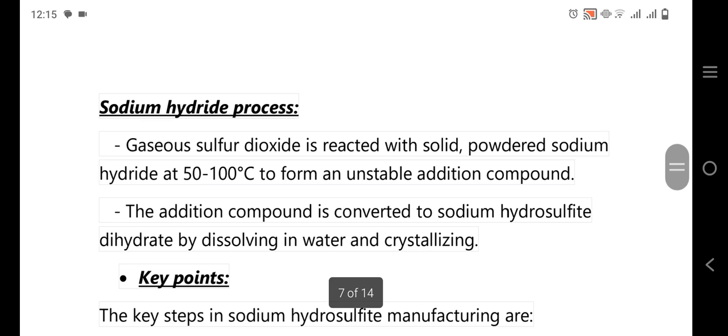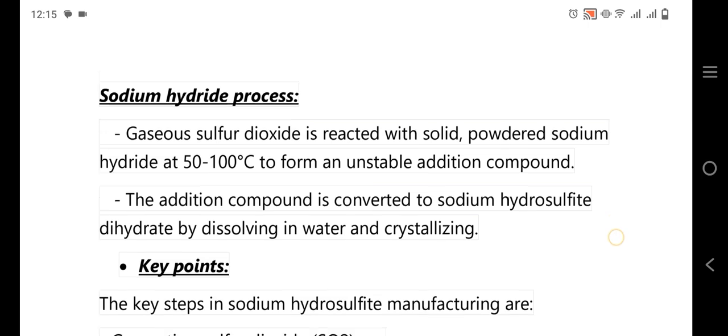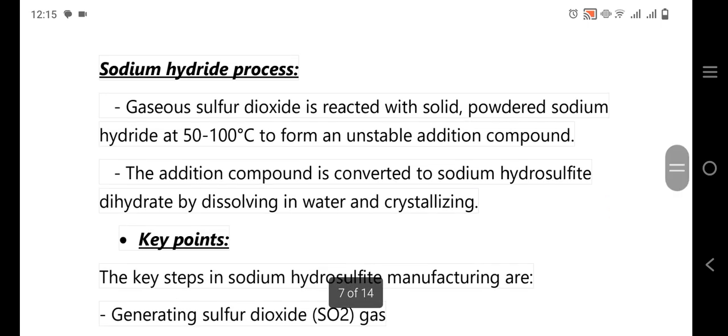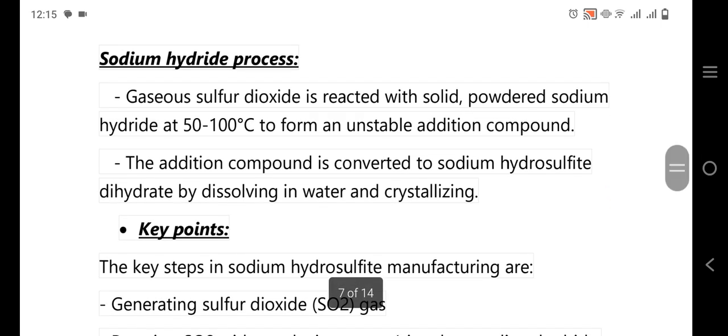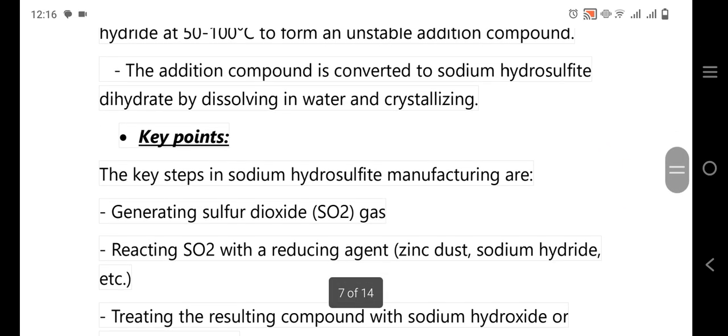The last one is the sodium hydride process. Gaseous sulfur dioxide is reacted with solid powdered sodium hydride at 50 to 100 degrees Celsius to form an unstable addition compound. The addition compound is converted to sodium hydrosulfide, which is dehydrated by dissolving in water and crystallizing.